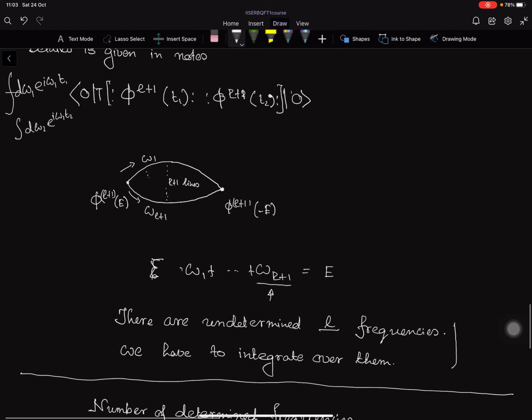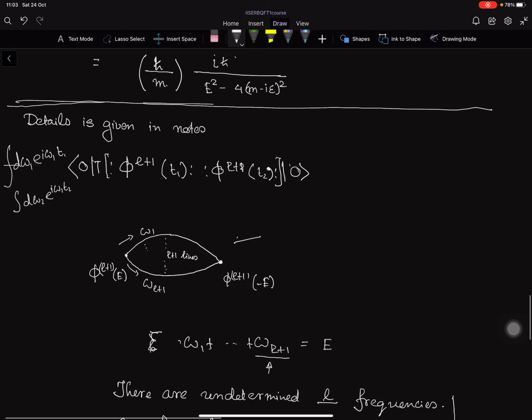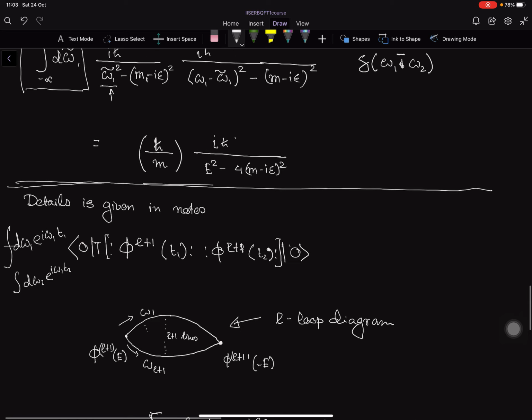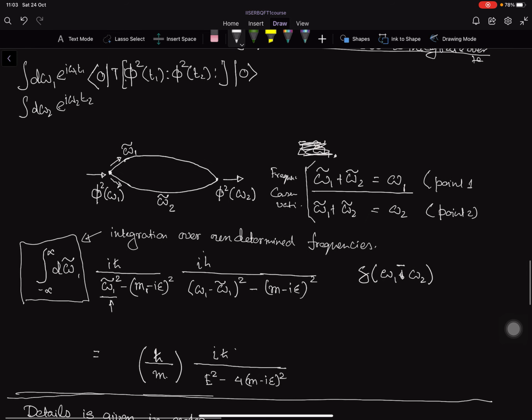So in this convention this is an L loop diagram. This is a one loop diagram.